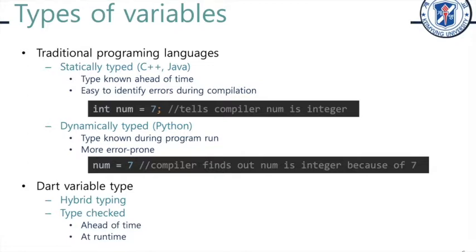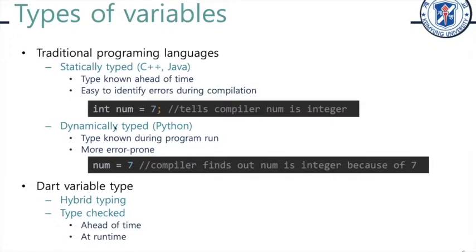So in statically typed variables, we declare a variable like this: this is the name of the variable, and this is the type of the variable. Integer means in this variable we are going to store an integer, which is 7.